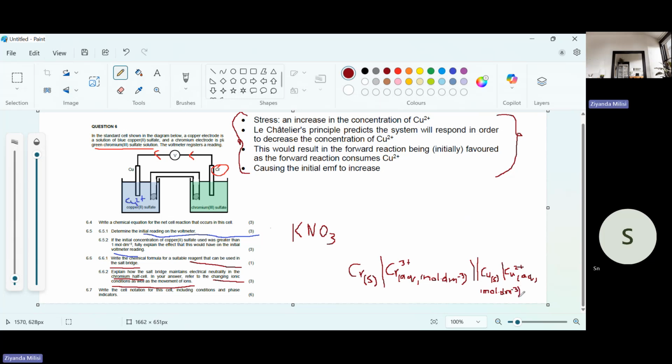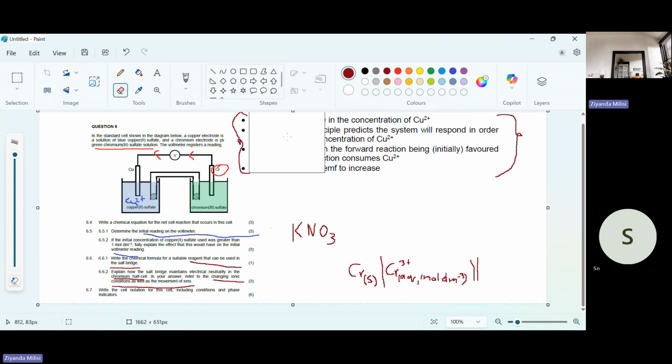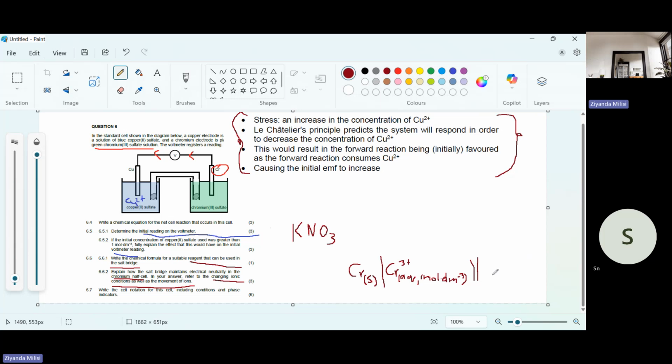Don't forget to write it the right way. The way I wrote it is wrong. It's not showing reduction, it's showing oxidation. We're supposed to start with Cu2+.